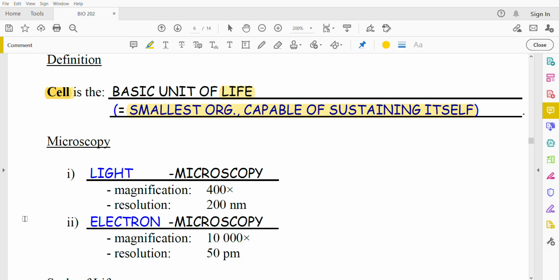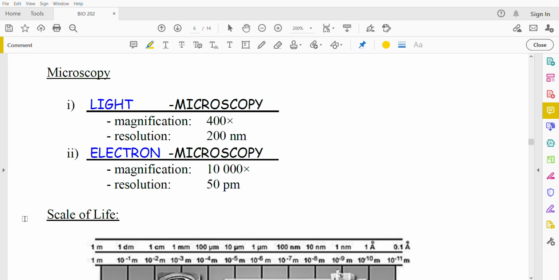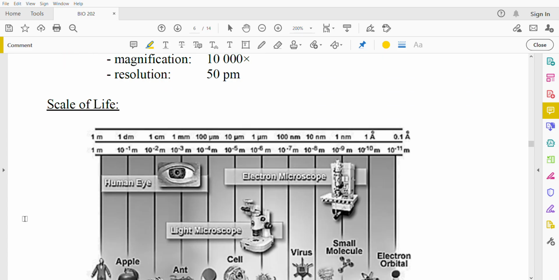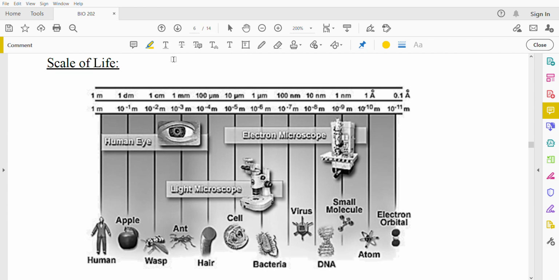In this chapter, we also talked a little bit about microscopy, and I have here a nice scale that shows what we can see with the naked human eye, and where we need microscopes. And we learned that a lot of the study of cells had to wait until we were able to advance what we can see beyond the naked human eye.